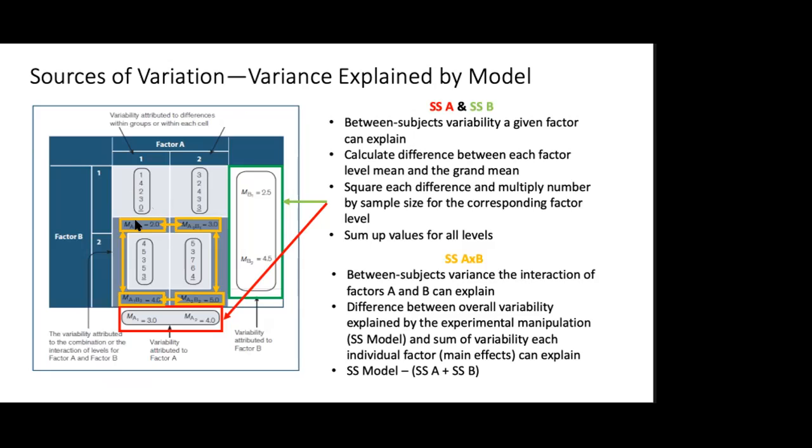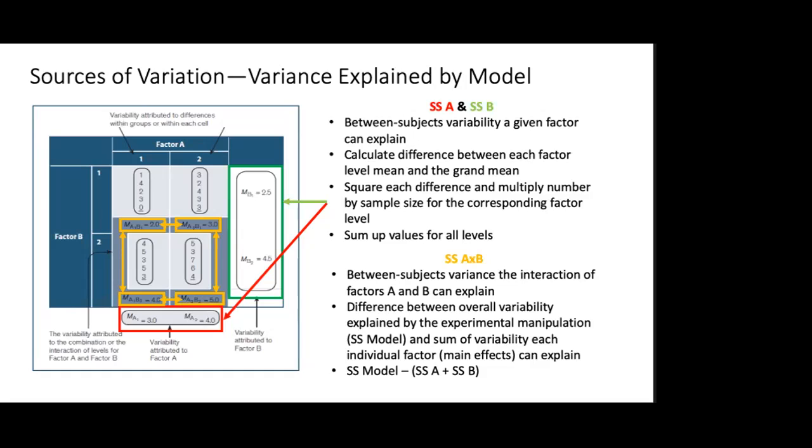If we look at factor A first, then we see that the difference between level 1 and level 2 at factor B level 1 is 1, right? 2 versus 3 is 1. And then at factor B level 2, the difference between the first level of factor A and the second level of factor A is also 1. It's 4 versus 5. So that is exactly what it means to have no interaction.